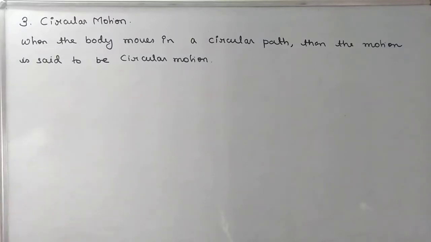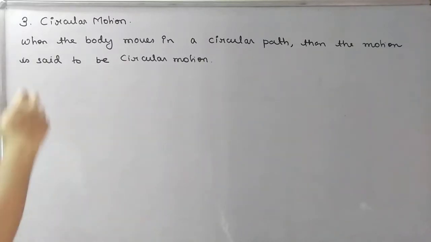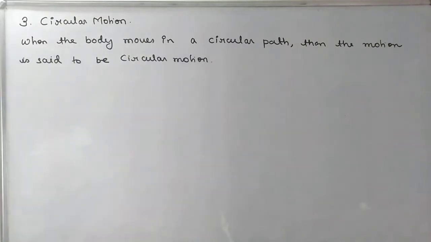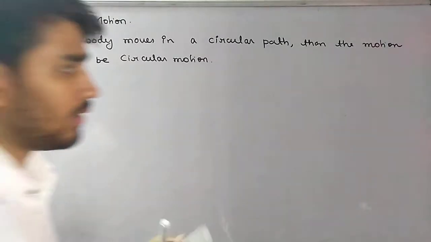Now, what do we actually mean by circular motion? Let's first go through the definition. When the body moves in a circular path, then the motion is said to be circular motion. It's very easy to understand.